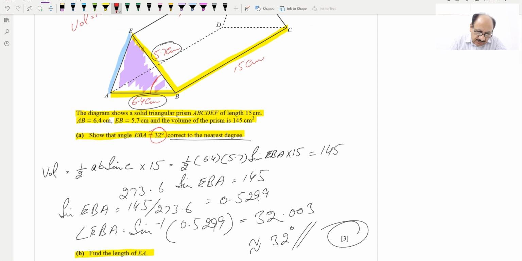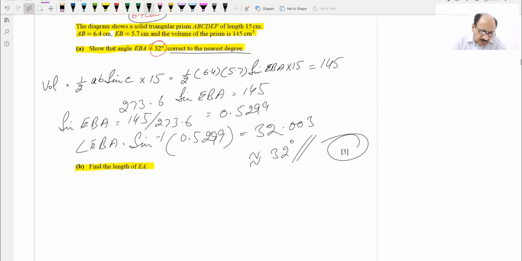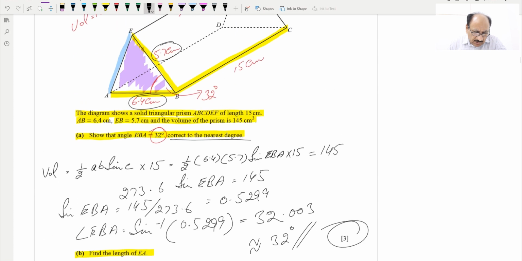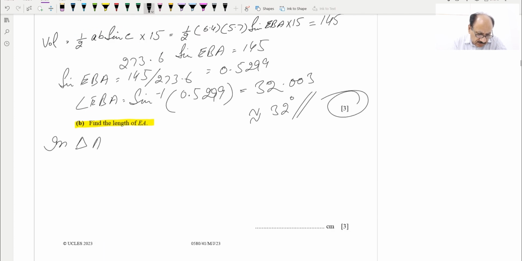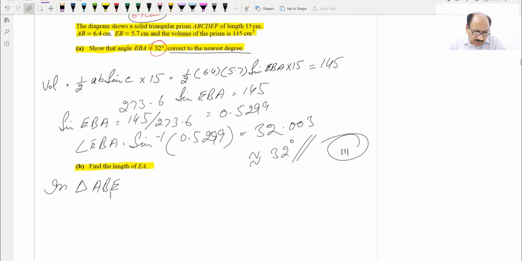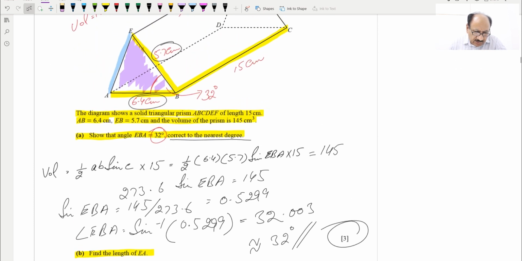Now this angle is 32 degrees, and we will consider triangle AEB, and we can write in triangle ABE, and cosine rule we will be applying, and cosine rule will be what? I will solve here and then I will shift.